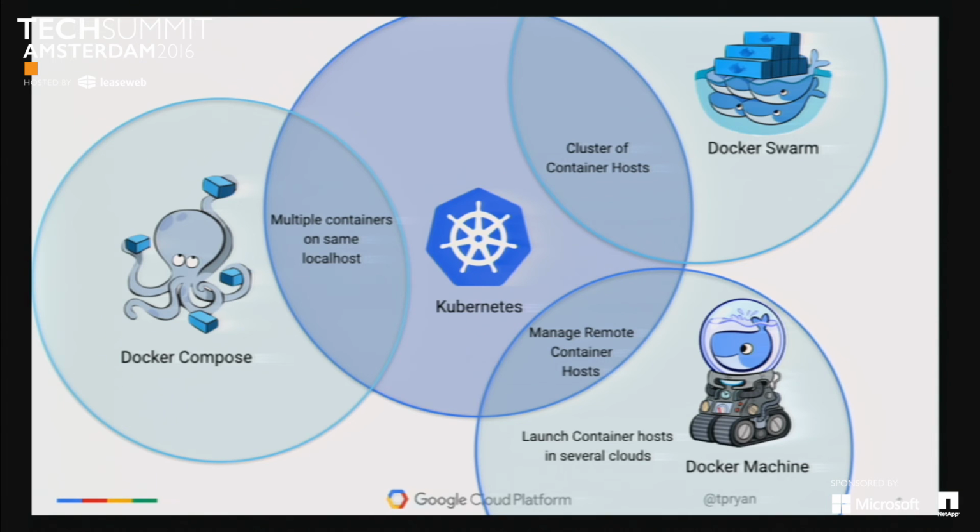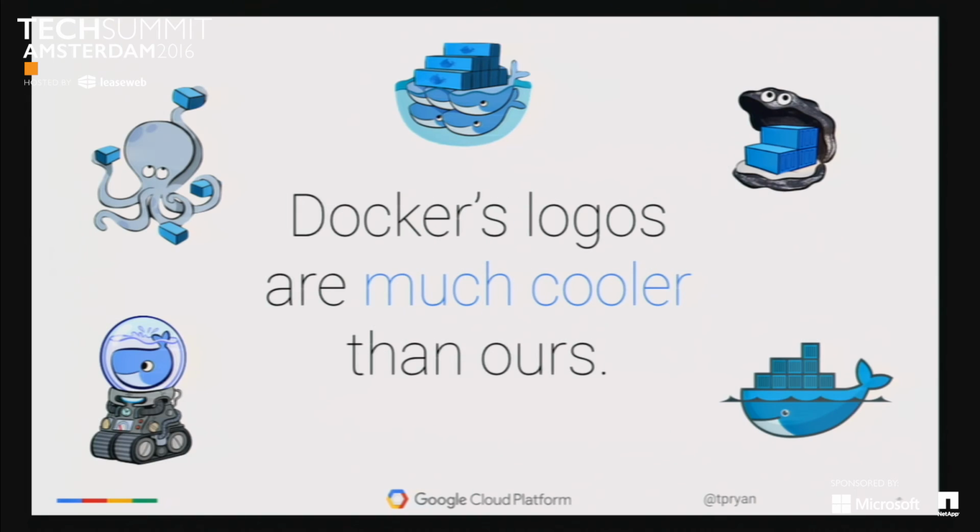Kubernetes is sort of an overarching thing, so it can do all of those things, plus has replication controllers, routable networks, replica sets, auto-scaling, all of that. Also, Docker's logos are much cooler than ours, and my hat's off to them, but it bothers me for us that Docker has an artist that does these, and they're amazing. I figured I'd call that out.